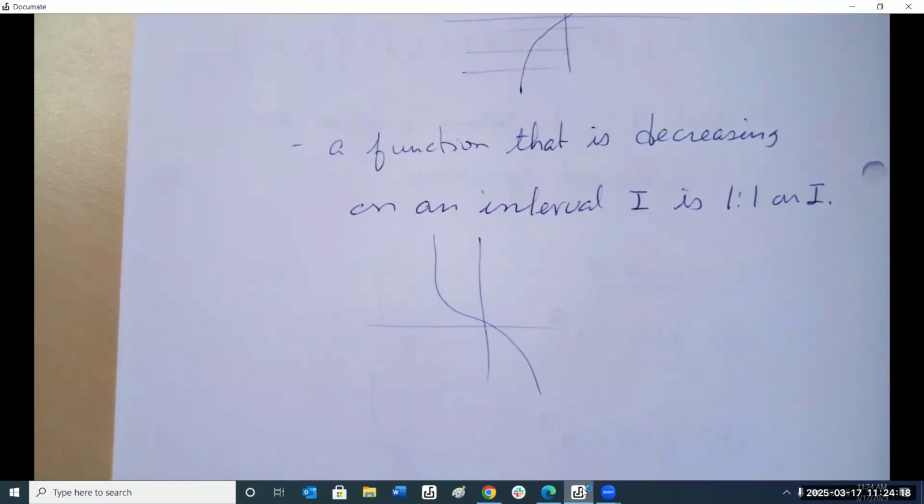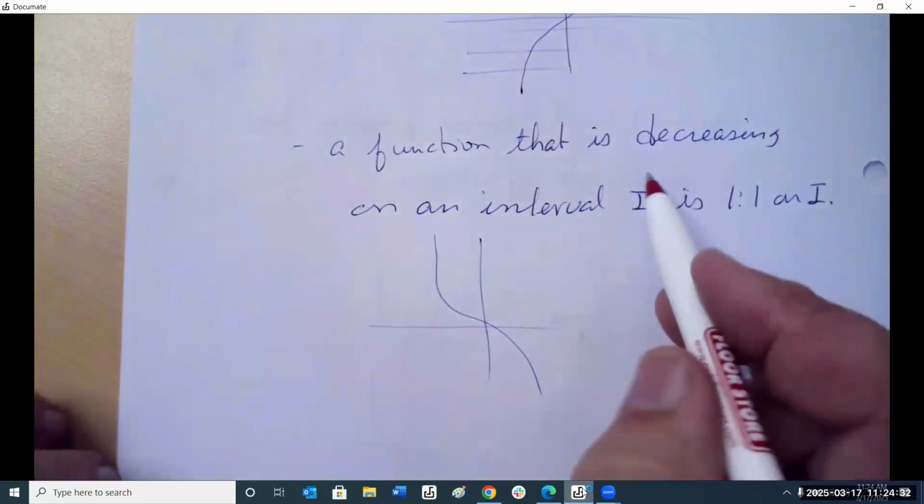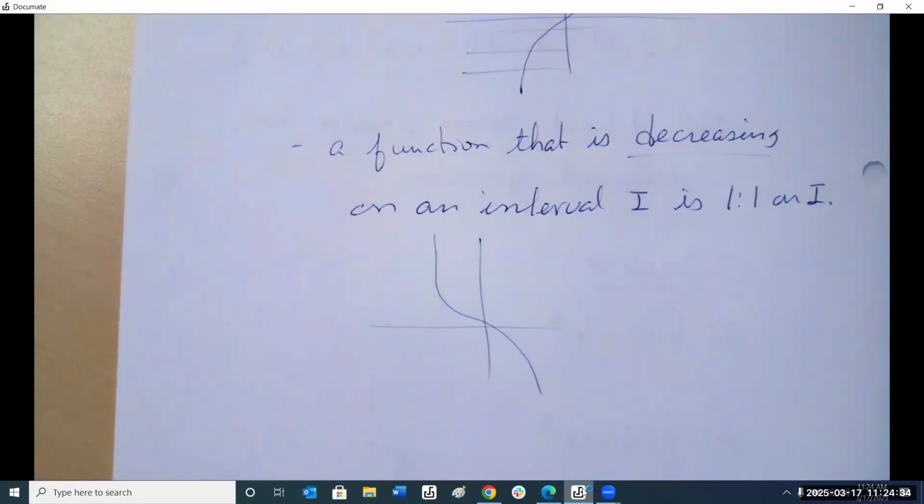With respect to the difference quotient, how do we prove that? How do we prove that a function is decreasing using the difference quotient? What does the difference quotient find?